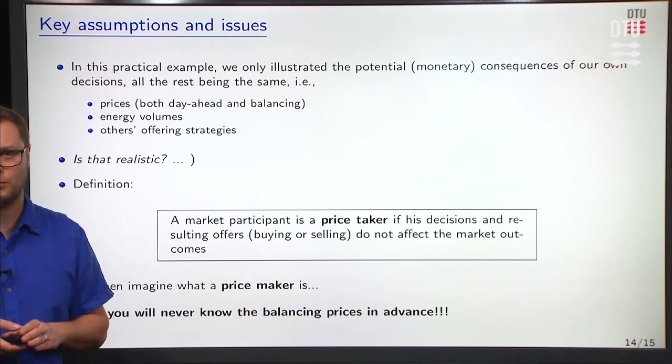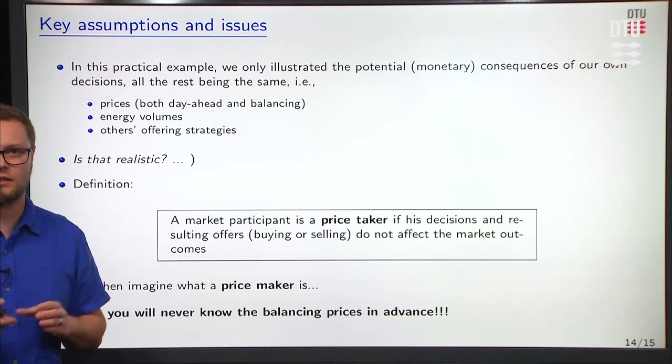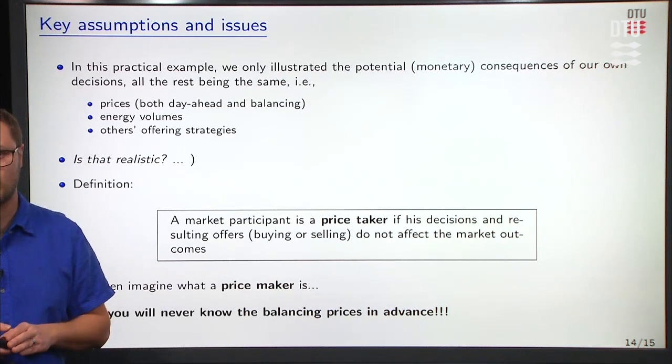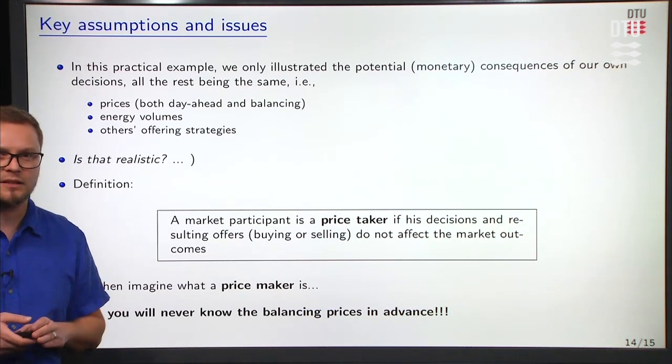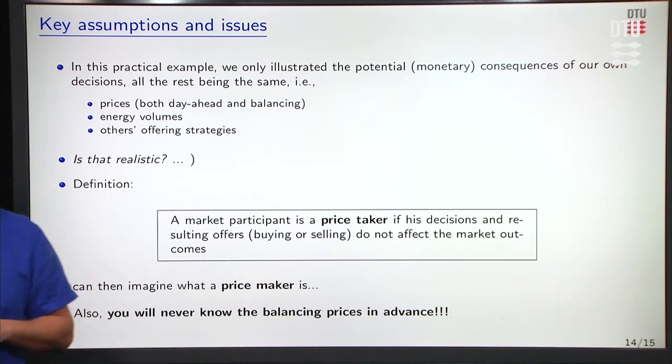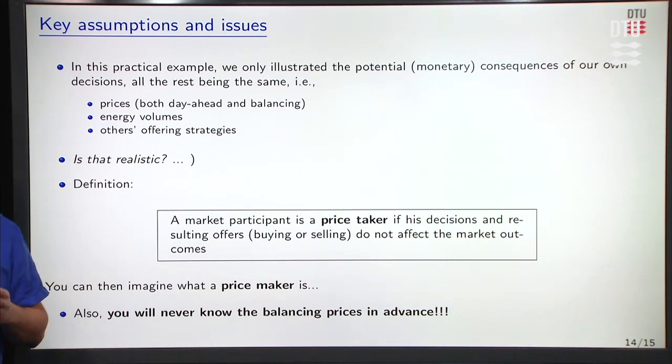There are key assumptions and issues with this type of market participation strategies that we've been discussing. First of all, all the rest being the same, we have to consider the potential monetary consequences of what we're doing on the market. So all being the same means the prices, energy volume, and other offering strategies.